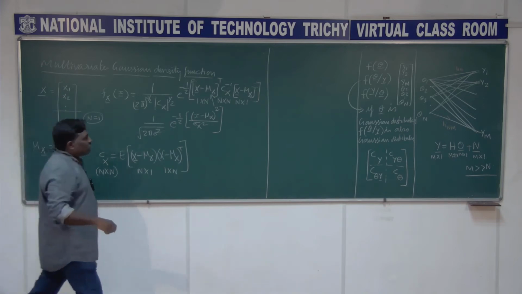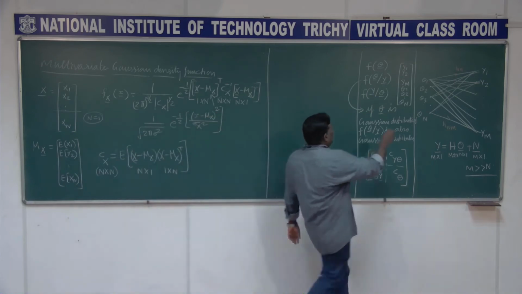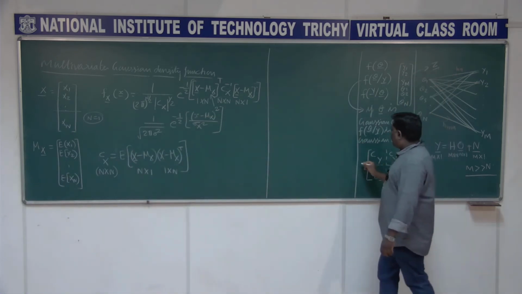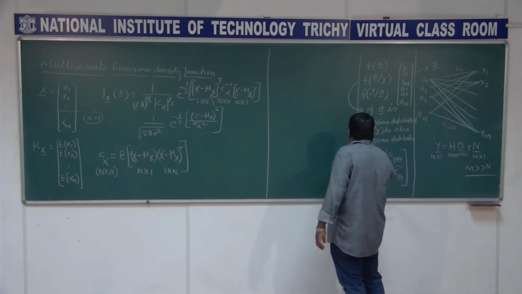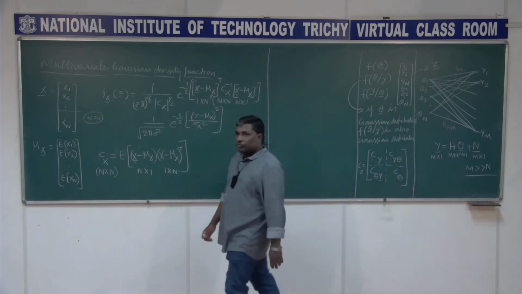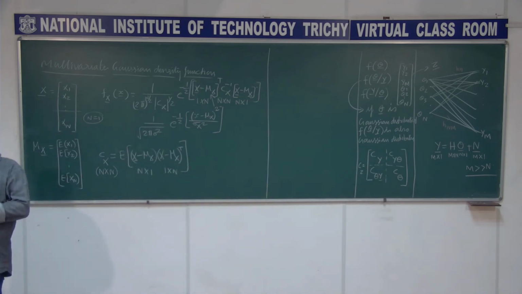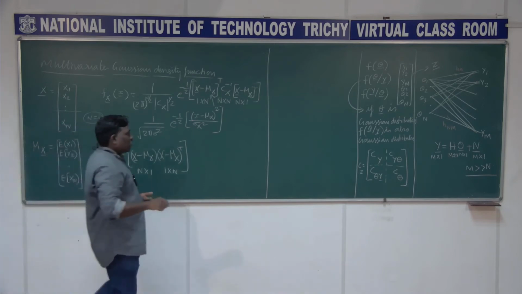If I call this z, this is going to be your Cz, the covariance matrix of the random vector z. We have 4 matrices in that. These are all matrices actually. This is the covariance matrix here.